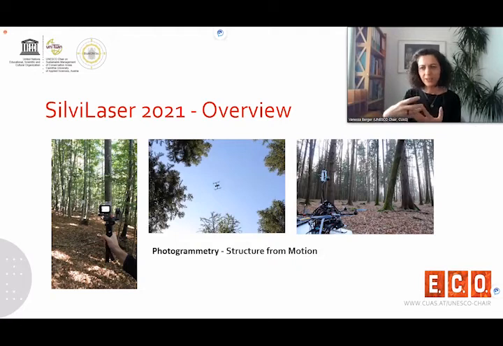In every picture, there is information about how far the object is. If you have a lot of pictures, you can also make point clouds. They are not so accurate, but it's a good way to do it in a cheaper way.